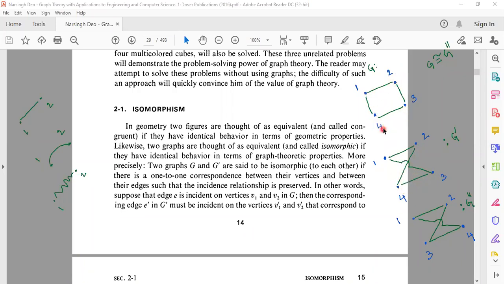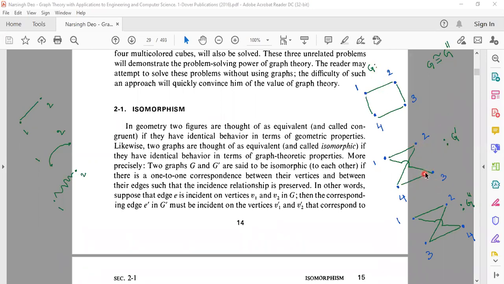So at first instance, it seems as if they are not isomorphic. But careful observation shows us that once I give this type of rotation and bring 3 to this position and 4 to this position, apparently it seems that graph G and graph G prime are not the same.